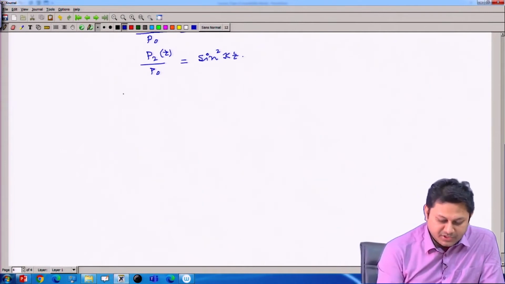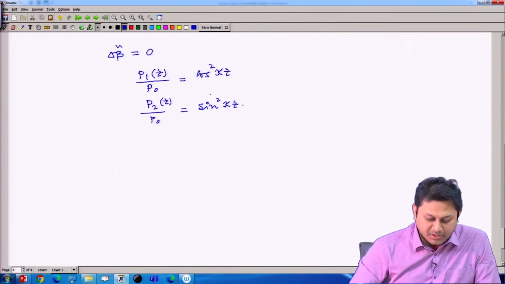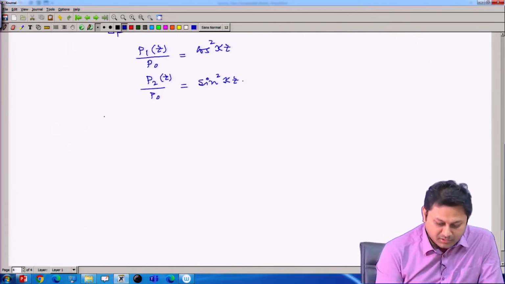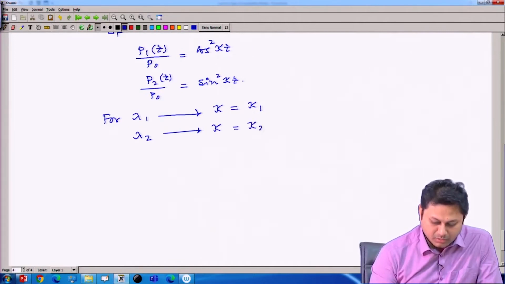Now, I mentioned that kappa is a function of lambda. So, for lambda 1, kappa is equal to kappa 1, and for lambda 2, kappa is equal to kappa 2.